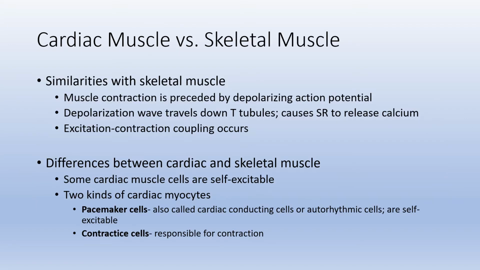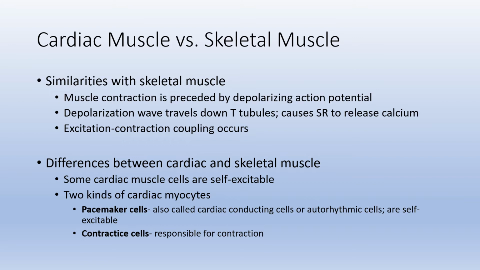We have briefly compared and contrasted cardiac muscle and skeletal muscle before, but now let's look at some details. For the most part, cardiac muscle tissue and skeletal muscle are similar in that they contract the same way. Muscle contraction in both types of tissue comes after an action potential. Remember that electrical impulse that is there to excite the muscle cell.